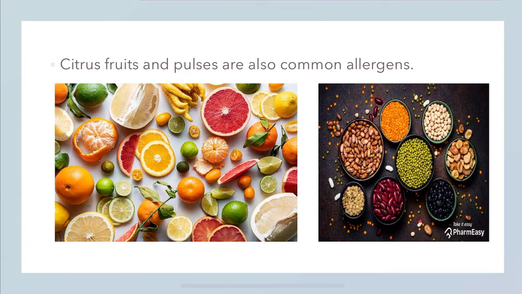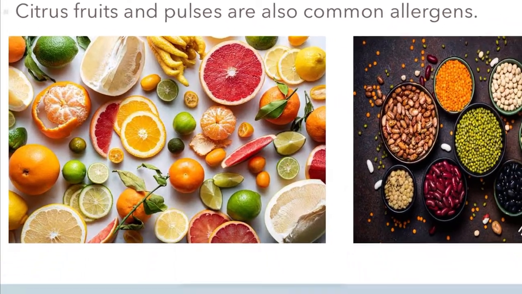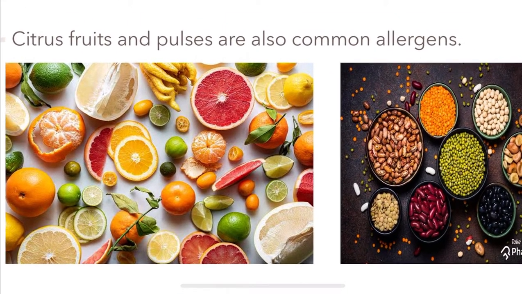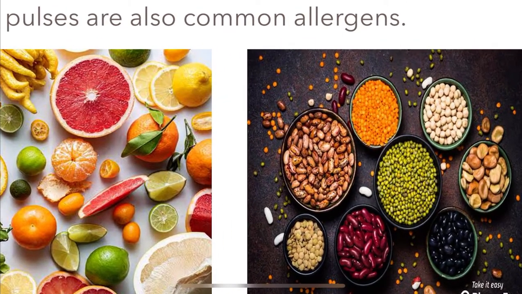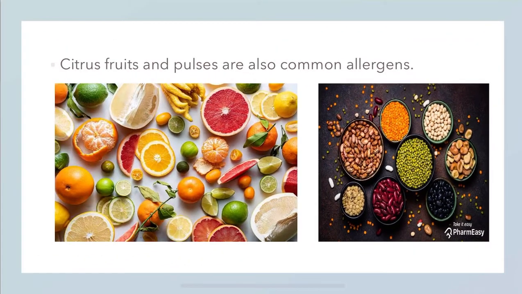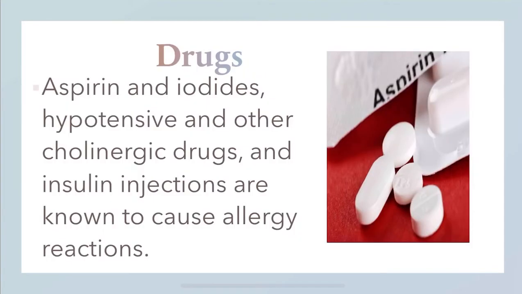Citrus fruits and pulses are common allergens in most people. Eating a citrus fruit can cause allergic rhinitis, and so can pulses. As soon as a person consumes a citrus fruit, they end up with allergic rhinitis. That is nothing but the inflammation of the nose after the allergen exposure, the allergen being the citrus fruit here.